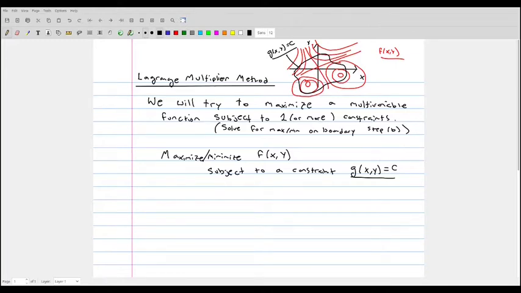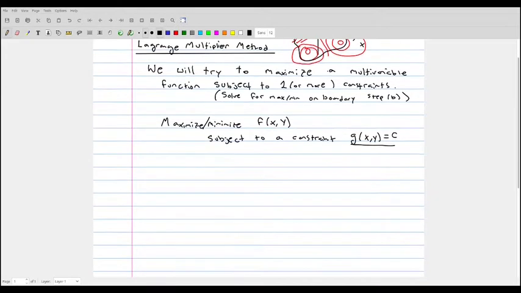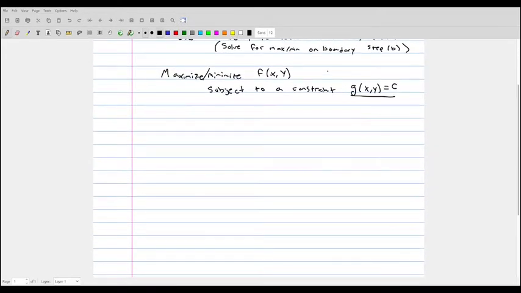If you just stay on the curve and only consider points on the curve, this is exactly what this method will answer for us. When we have a problem like this, it is called a constrained optimization problem, because we're trying to optimize the function f subject to the constraint, or taking into account the constraint.